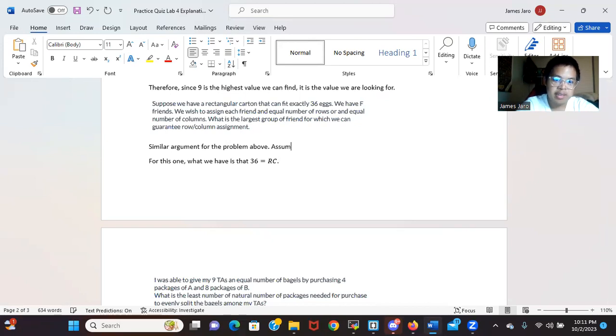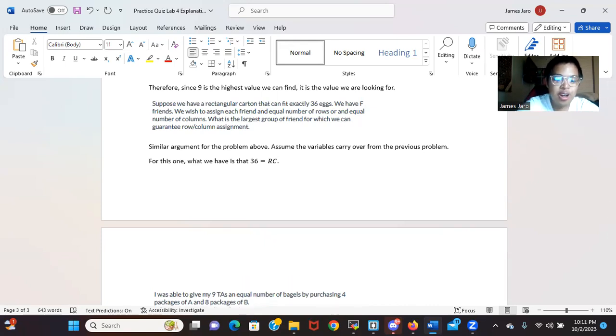Assume the variables carry over from the previous problem, because this rectangular card now holds 36 eggs. Our goal is still the same as the previous problem, which is to find F such that the following is true.